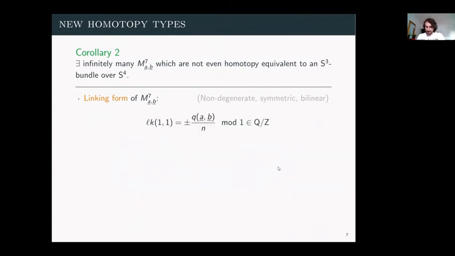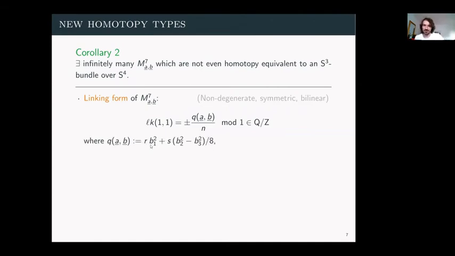So I told you we computed the Bockstein homomorphism, did lots of subtle diagram chasing and whatnot, and it turns out that the linking form for our manifolds M7AB, evaluated on the generator 1, 1, is plus or minus QAB over M. So what is this QAB?